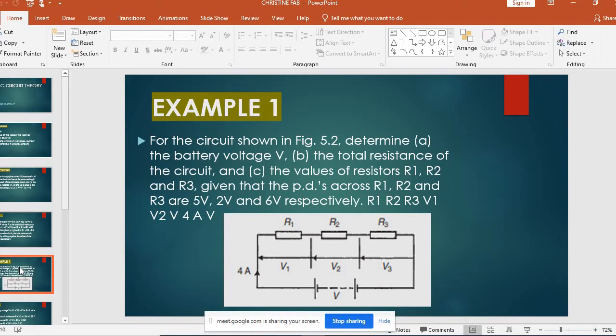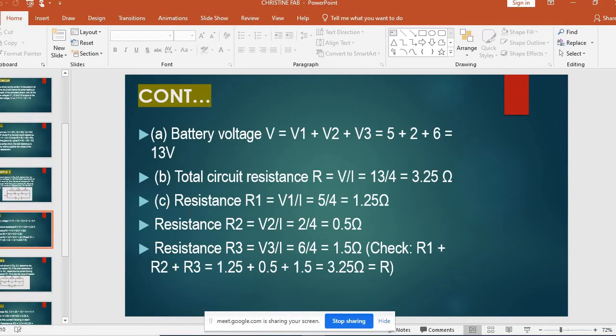Given that the potential differences across R1, R2, and R3 are 5 volts, as you can see from the circuit below, 2 volts across R2, and 6 volts across R3. Hope you are following whatever is written in that circuit. So let us do that example.